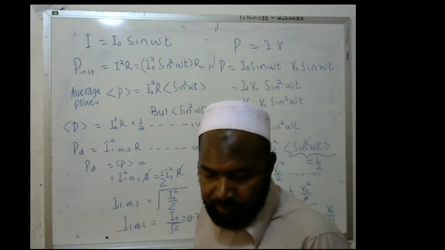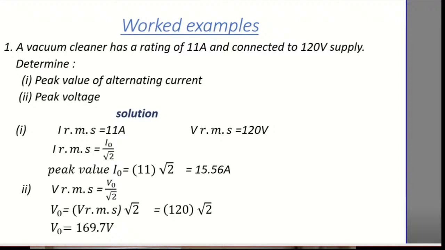The first example: a vacuum cleaner has a rating of 11 amperes and is connected to a 120 volt supply. So we have to determine the peak value of alternating current and also the peak value of the alternating voltage.